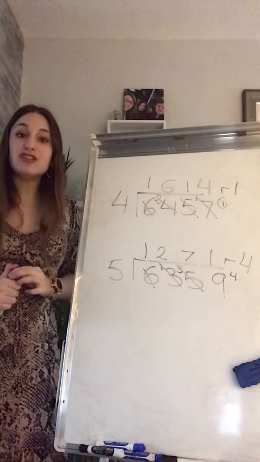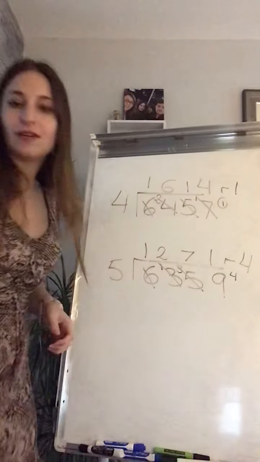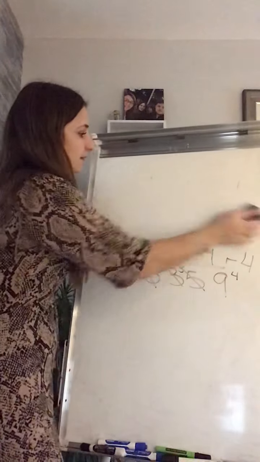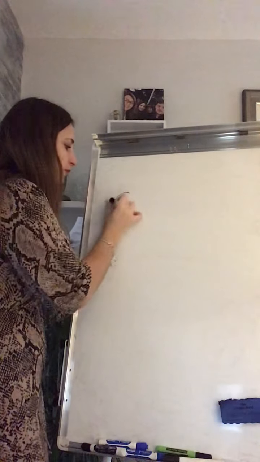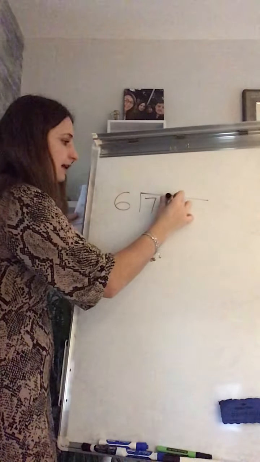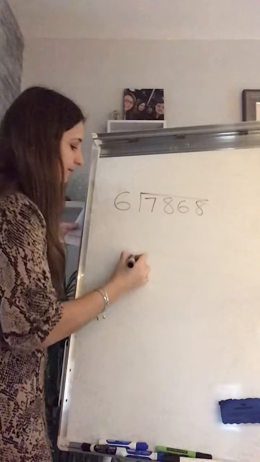Right. Are you ready if I write 2 for you to do it? Let's have a go at it. Can you do for me on your own 7,868 divided by 6?